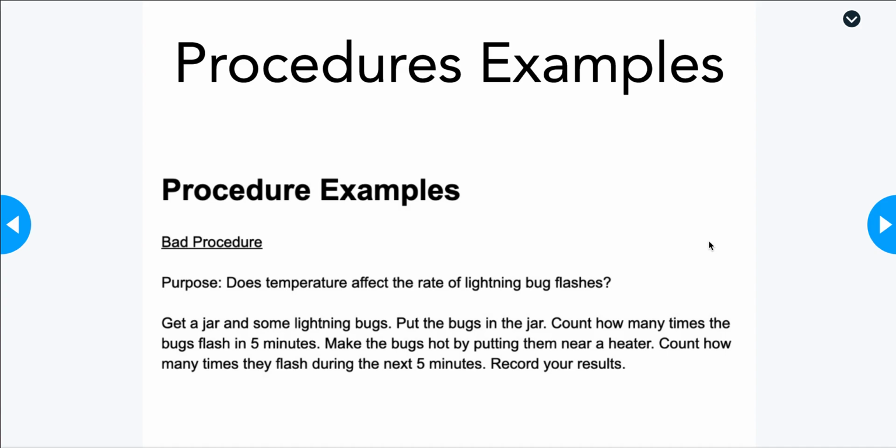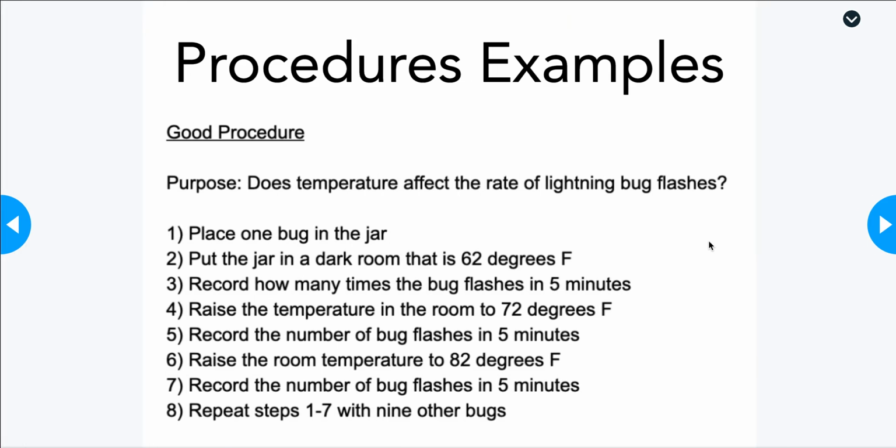So let's look at a good example of this same purpose experiment. Once again, does the temperature affect the rate of lightning bug flashes? Right off the bat, just check out how we have listed numbered steps. It just makes it so much easier to follow.